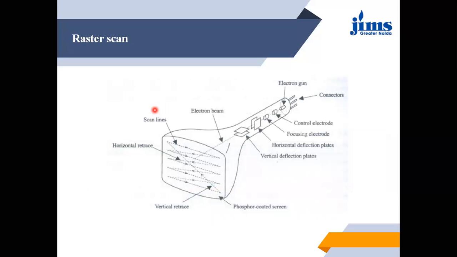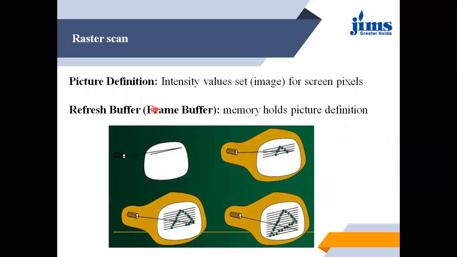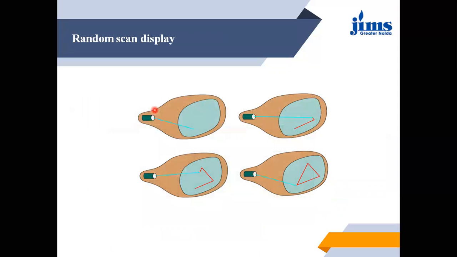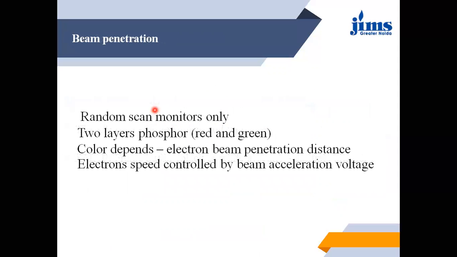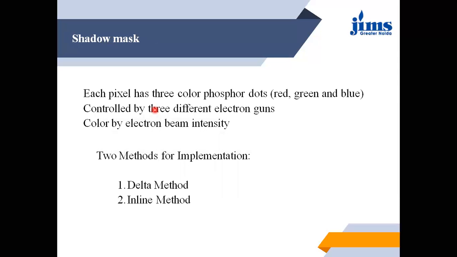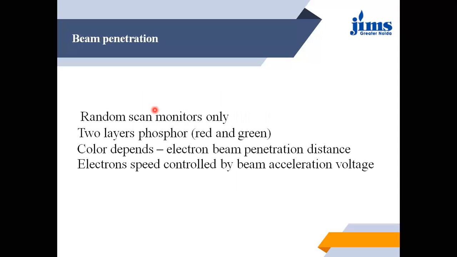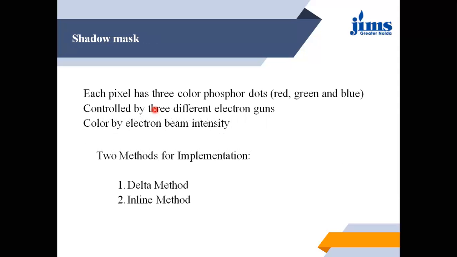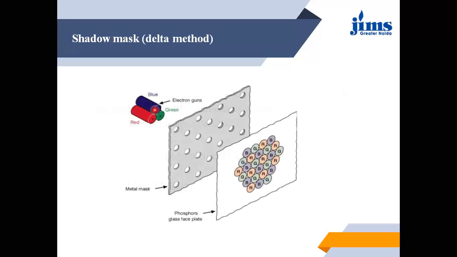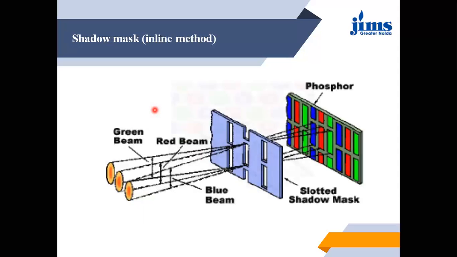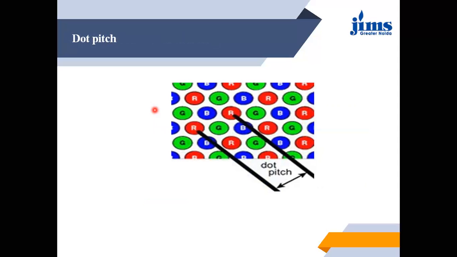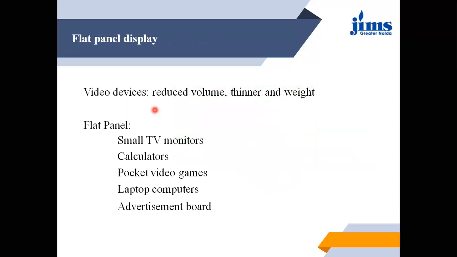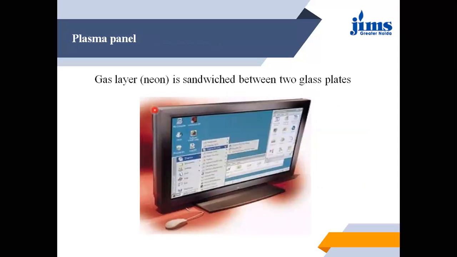Then raster scan, means whatever is going to be displayed scan line by scan line. We discussed the random scan display. Then we discussed the beam penetration method, in which there are two methods to implement it. First one is delta, second one is inline. After this, we discussed the dot pitch, that is the distance between two nearby color pixels.